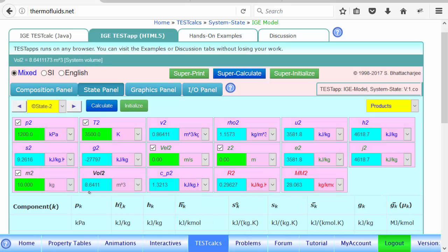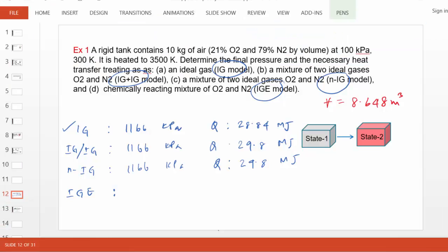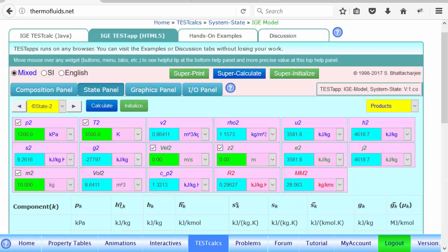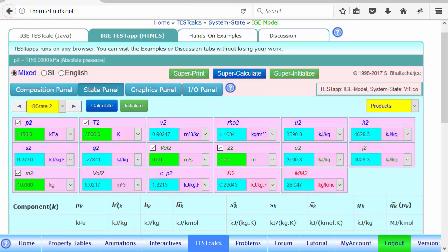So this produces a volume of 8.64, and we want a volume of 8.648, a little more volume. Well, we can say, okay, to get a little more volume, the pressure might be a little bit lower. So let's try 1150. Oh, actually if the pressure goes down, volume will go up. So I'm sorry, the pressure is actually slightly higher than 1200.